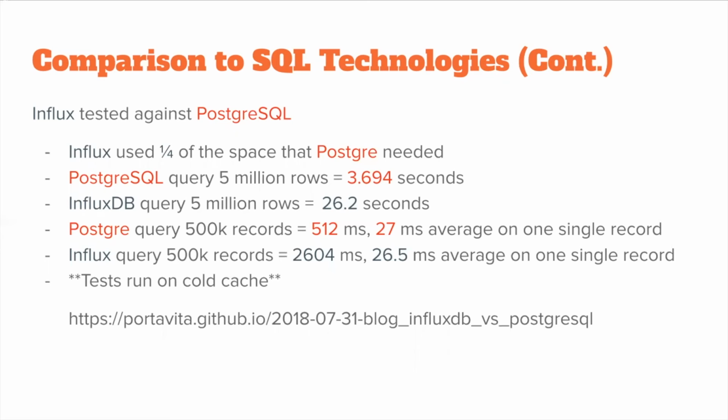They took a subset of that same 5 million rows and did 500,000 records. It took Postgres 512 milliseconds to do that, 27 milliseconds on average for one single record. The InfluxDB query took about 2,604 milliseconds, finding about the same average time on one single record. These were all run on cold cache, and these are just the findings here.